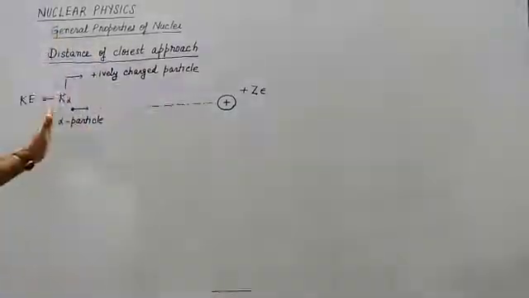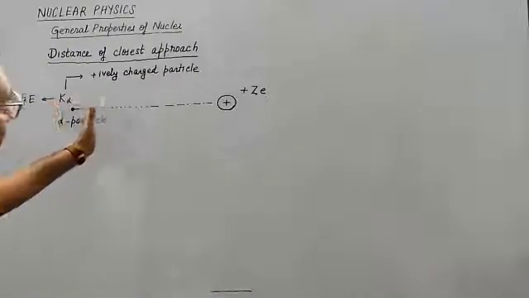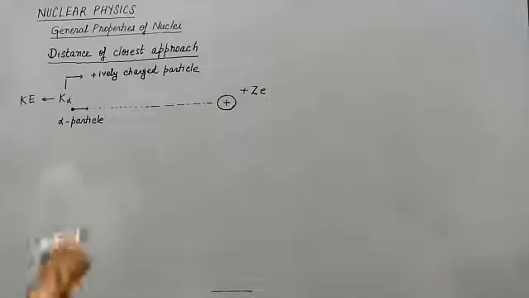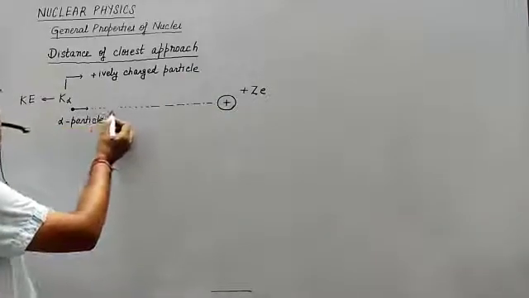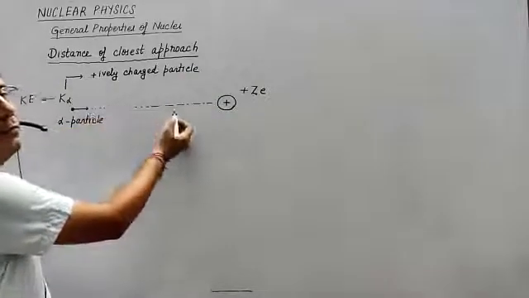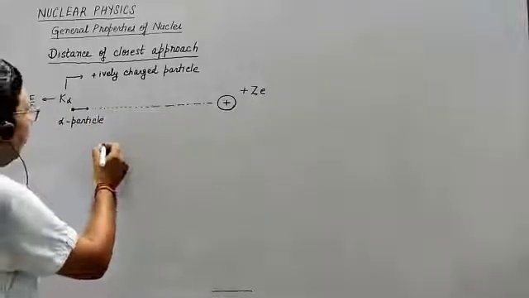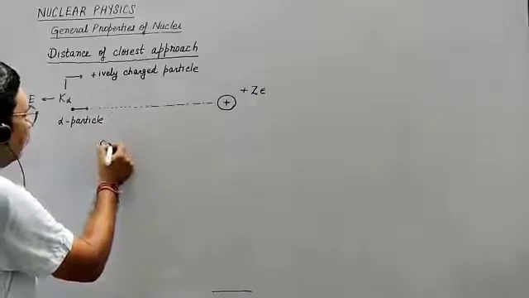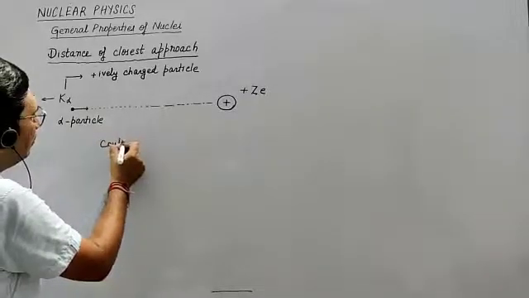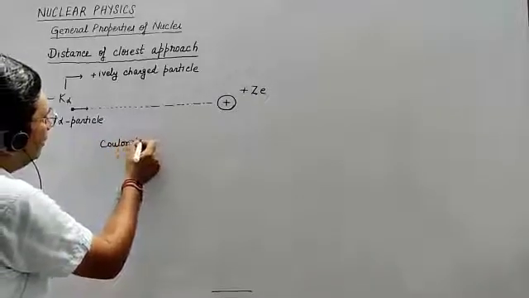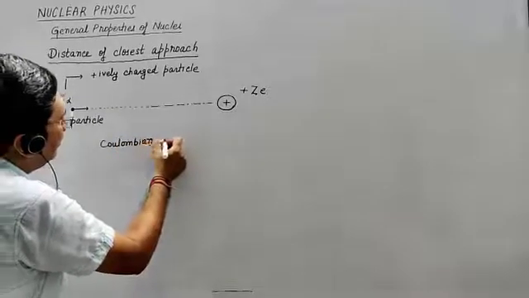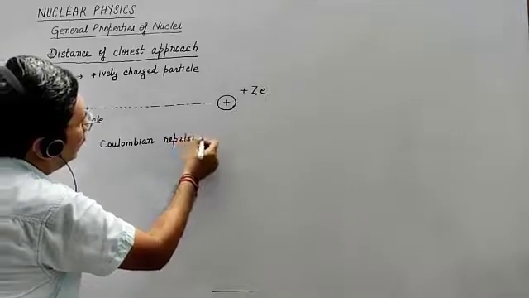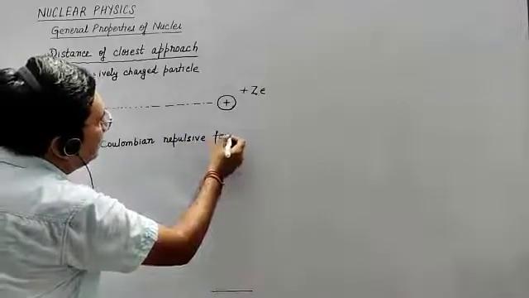When this positively charged alpha particle moves towards the positively charged nuclei, the repulsive Coulombian force will go on increasing.